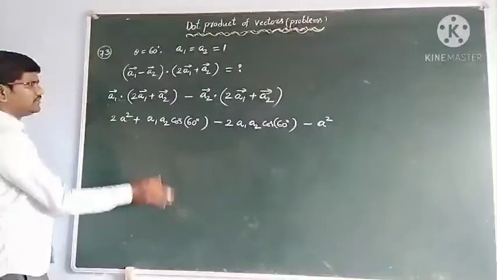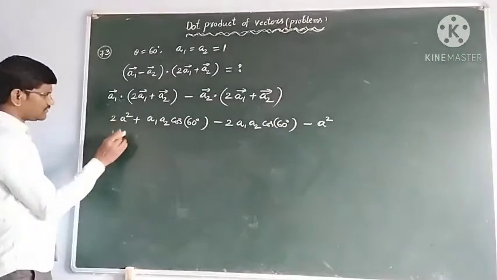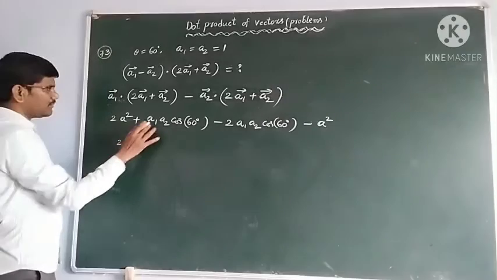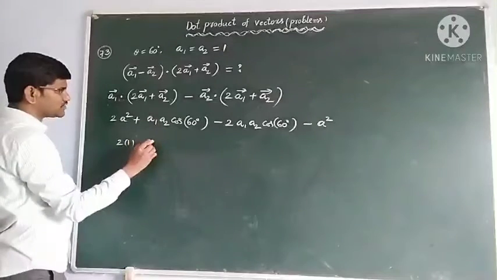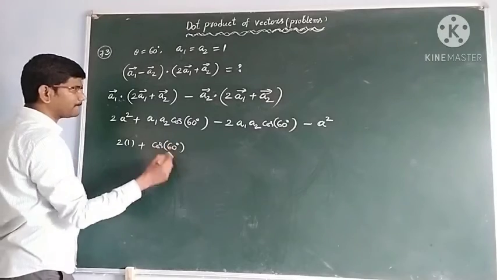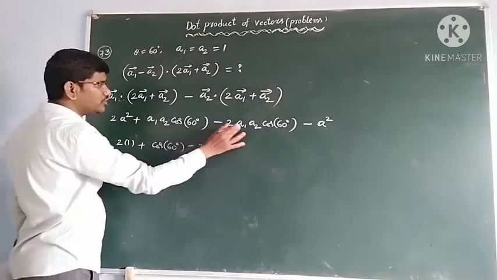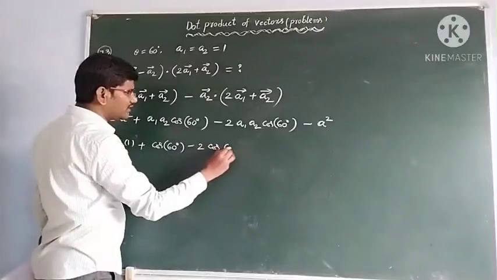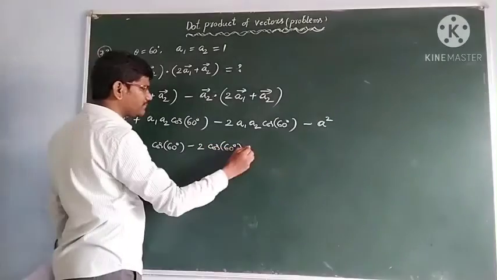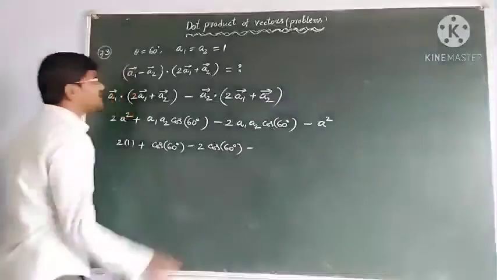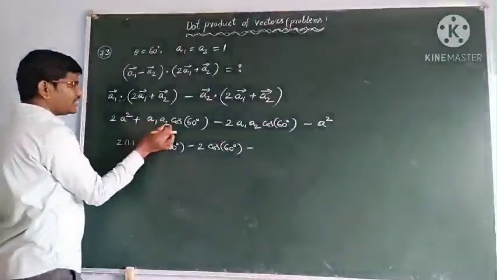So then this is 2a square, magnitude of a1 is 1, so 2 into 1 square is 1, plus a1 is 1, a2 is 1, so that is cos 60 degrees, minus 2 into a1 is 1, a2 also 1, so 1 into again cos 60 degrees. And see students, here magnitudes are 1, a1 value 1, a2 value also 1.